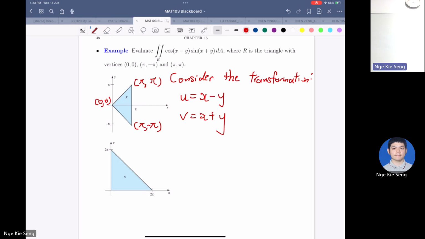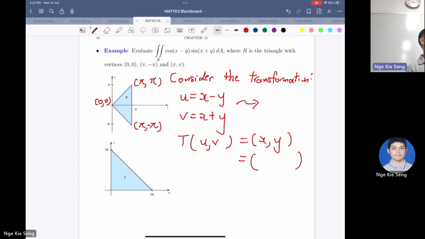Let's follow the notation we have just now. We have T from uv to xy. In this case, what is our xy? Can you find xy from this transformation? x is u plus v divided by 2, and y is v minus u over 2.